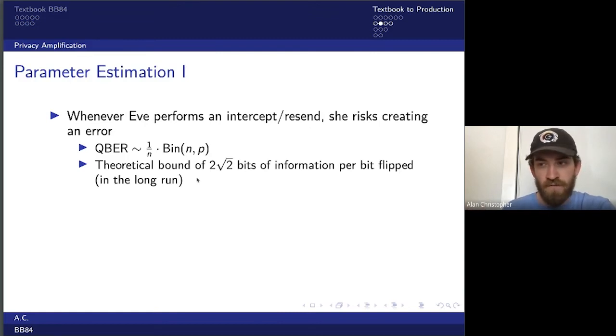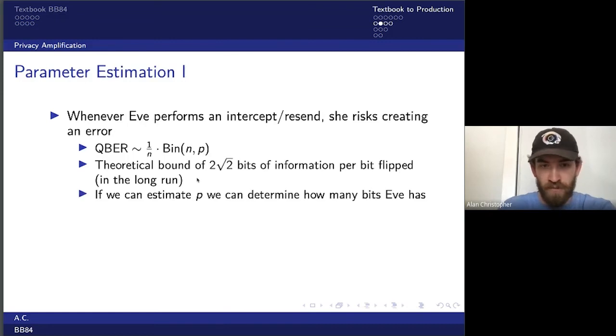So if we observe a 5% error rate in our quantum transmission, then we're going to say, okay, Eve can't have more than 2 root 2 times 5% of our key worth of information. And that is, of course, assuming that 5% is the true P, not just our sampled P.